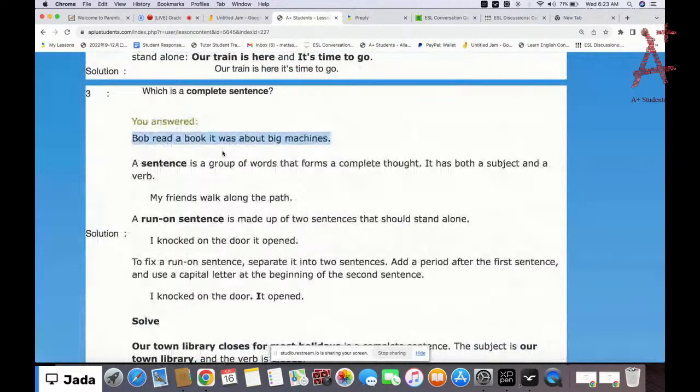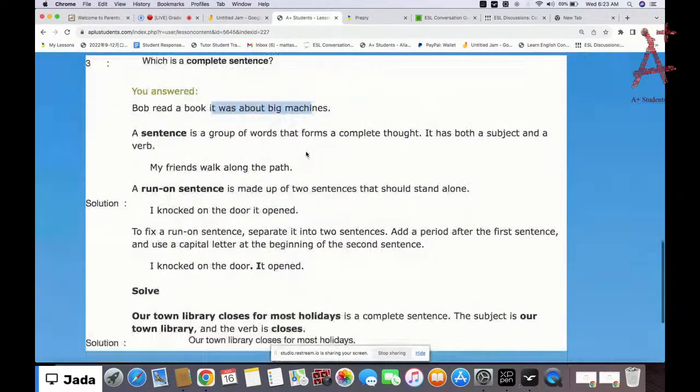Then it was about big machines, separated. The it here is supposed to start with a capital letter to make it a different sentence. So Bob read a book. It was about big machines. Two sentences joined together makes it a run-on.